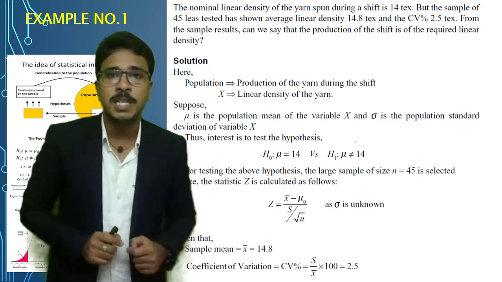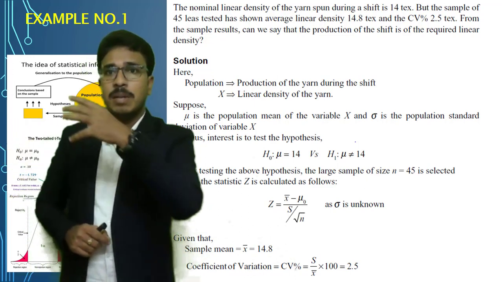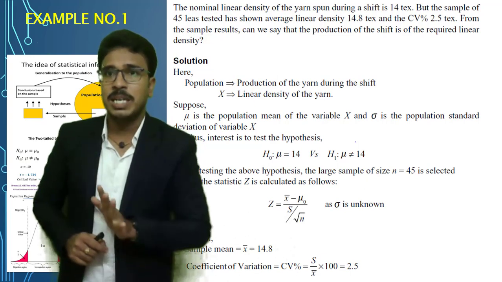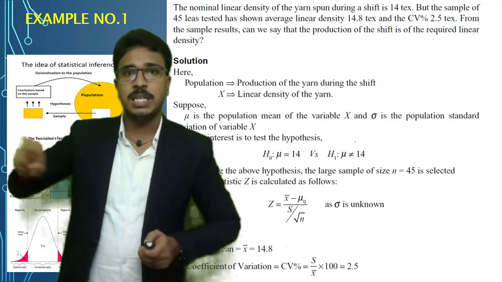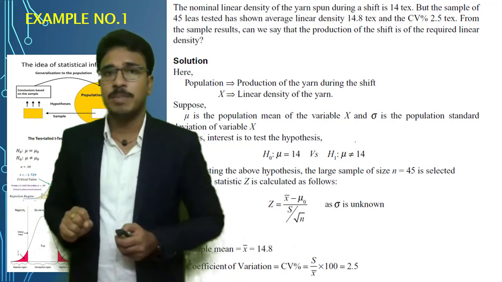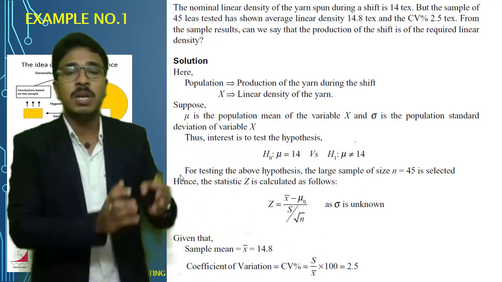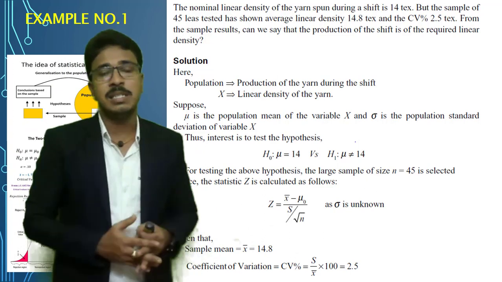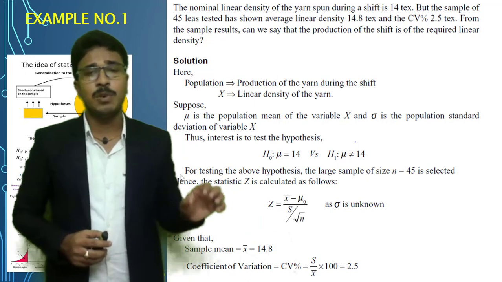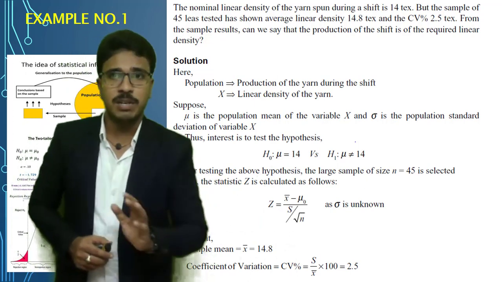That means in a shift they have produced 14 tex, but they have taken 45 leas. They have prepared 45 leas from the yarn samples produced in a shift, and found out the average linear density, that is the count, and they found that the average is 14.8 tex with a coefficient of variation of 2.5.